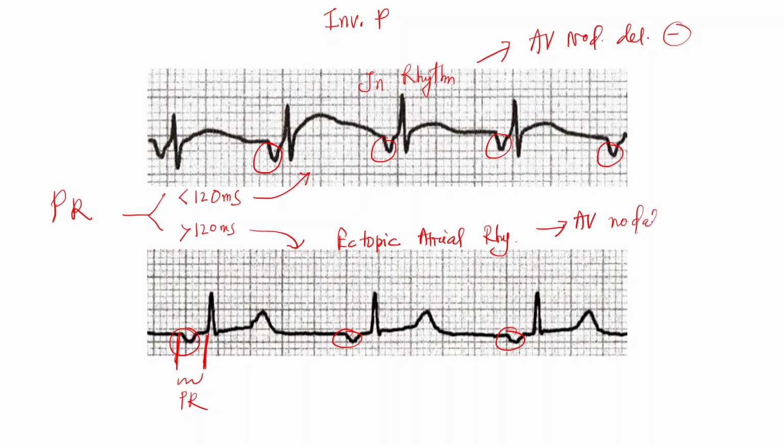That's why the PR interval will be longer in ectopic atrial rhythm, and the number is 120 milliseconds. If it is more than 120, it is ectopic atrial rhythm. If it is less than 120, it is junctional rhythm.